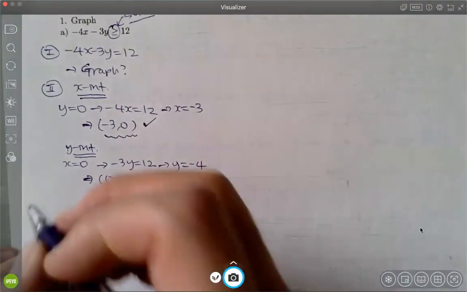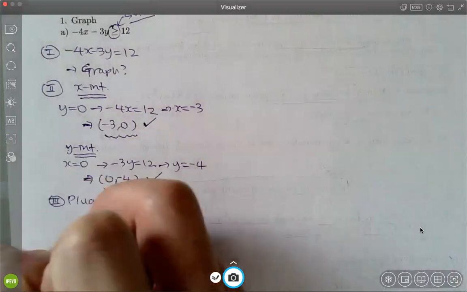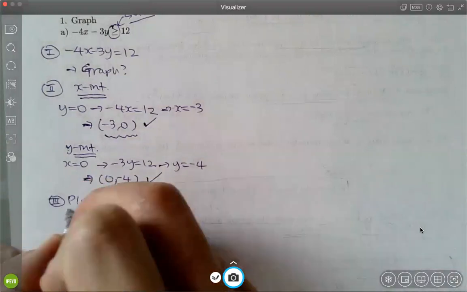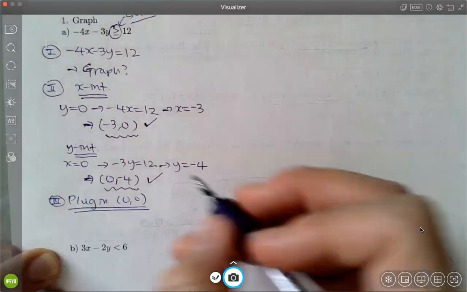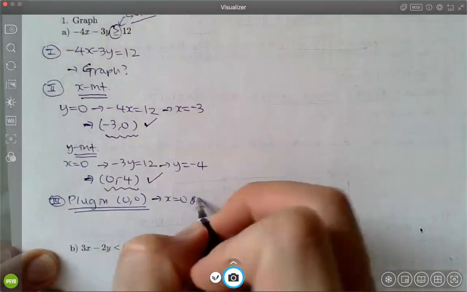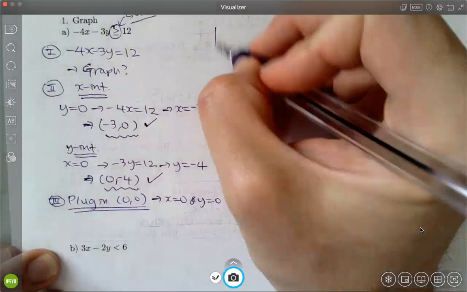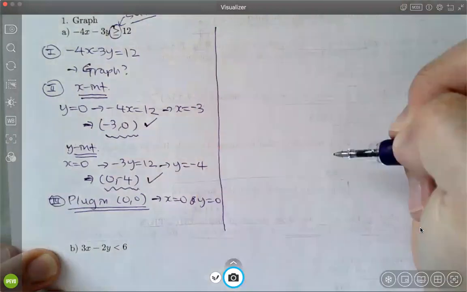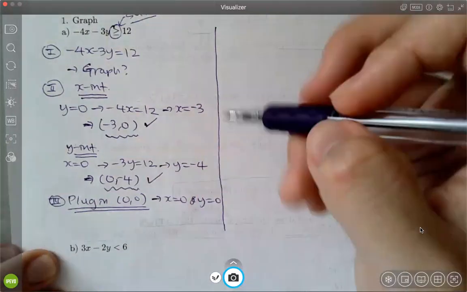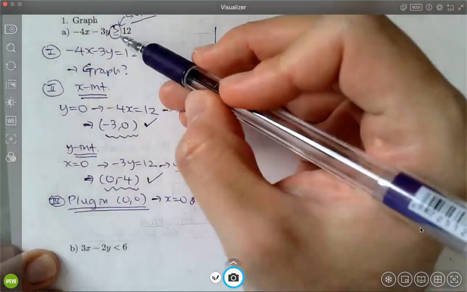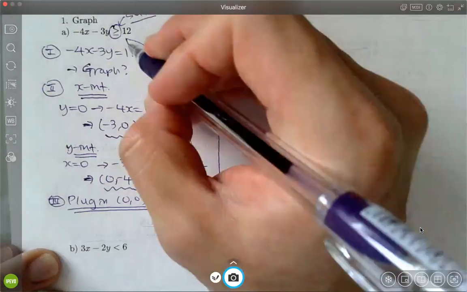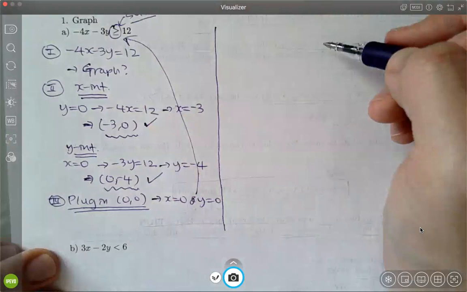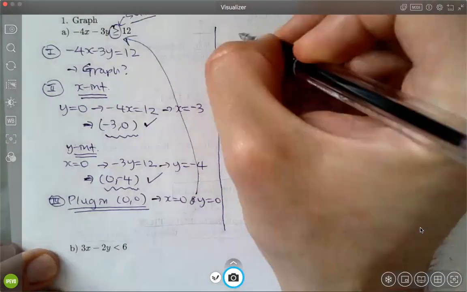So again, this means x equals 0 and y equals 0. Remember, you are plugging in these 2 values into the original inequality, not the equation. So what do you get? 0 minus 0 is greater than or equal to 12.